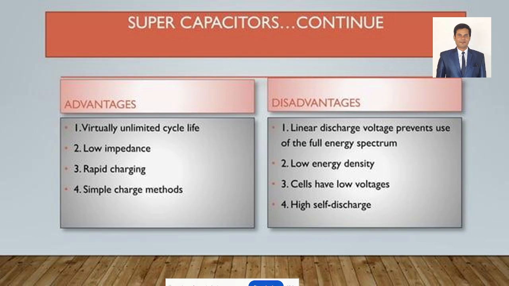All right. So it will have rapid charging, right? You can see there is a word called rapid, means fast. Fast it will charge and fast it will discharge. It depends upon the type of supercapacitors that you have used. Sometimes it may be faster, or it may have unlimited life cycles, like 2000, 5000. 5000 means it will charge 5000 times and discharge 5000 times.